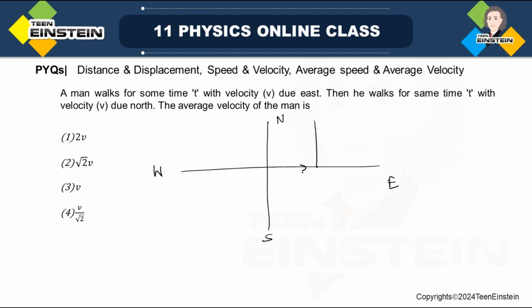So this is due east and this is due north in t time. So during time t, it goes due east with velocity v. That means what is the length? If I say this is O, this is A, this is say B. Okay, now let us connect this.